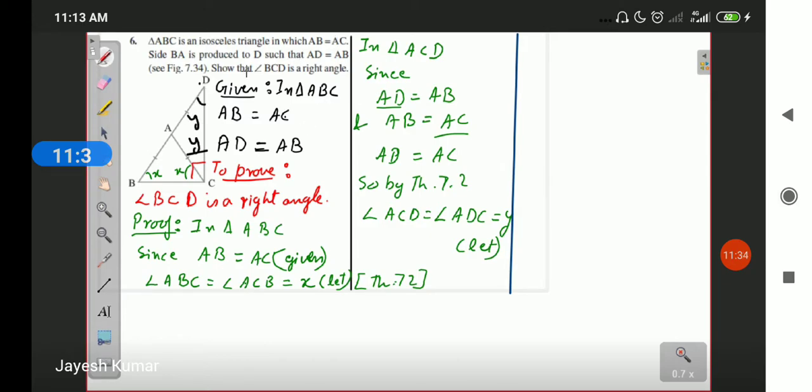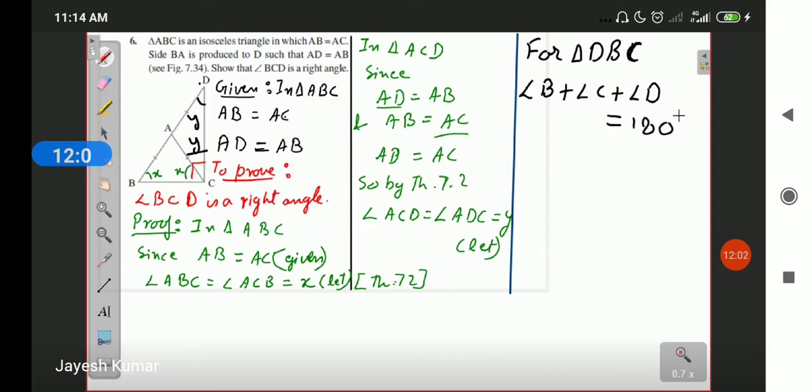Now for triangle DBC, do you know what the sum of all the interior angles of a triangle is? Yes, correct, 180 degrees. So for triangle DBC, the sum of all three angles should be equal to 180 degrees. What I'm saying is angle B plus angle C plus angle D should be equal to 180. Now let's see the diagram. Angle B, we let be x.